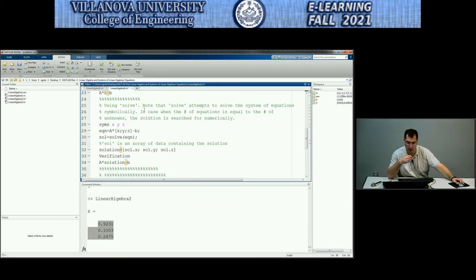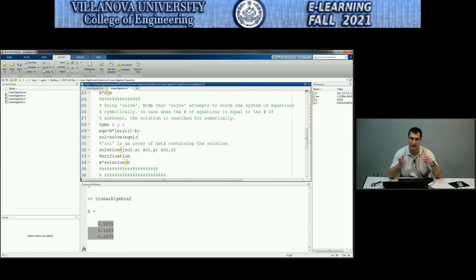Note that solve attempts to solve the system of equations symbolically, as opposed to another command which we'll talk about a little bit later called fsolve. Fsolve looks for the solution exclusively numerically, but the solve command will try to find the solution symbolically, especially in cases when the number of equations is less than the number of unknowns. So the number of unknowns is greater than the number of equations.